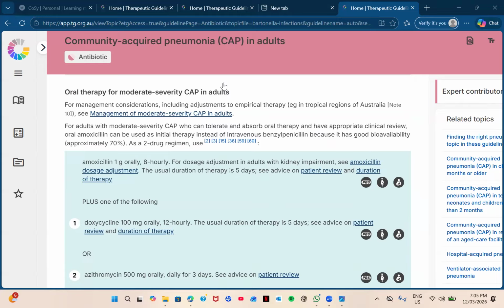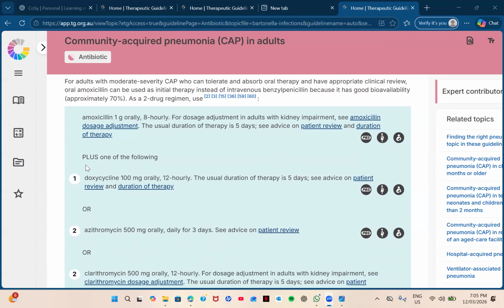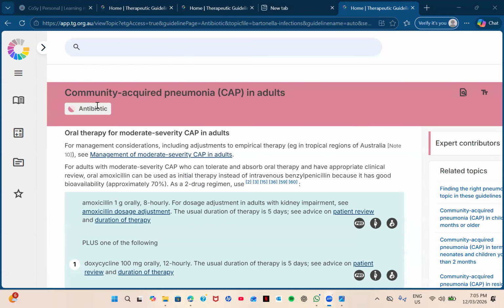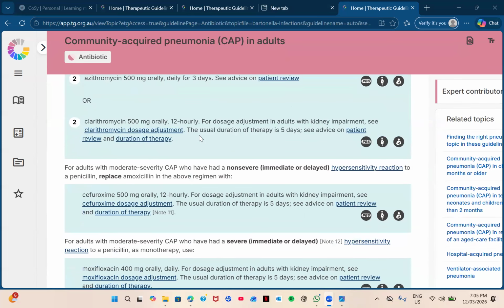Here also we use combination therapy: amoxicillin plus either doxy, azithromycin or clarithromycin. If the patient has hypersensitivity to penicillin, amoxicillin can be replaced with cefuroxime.